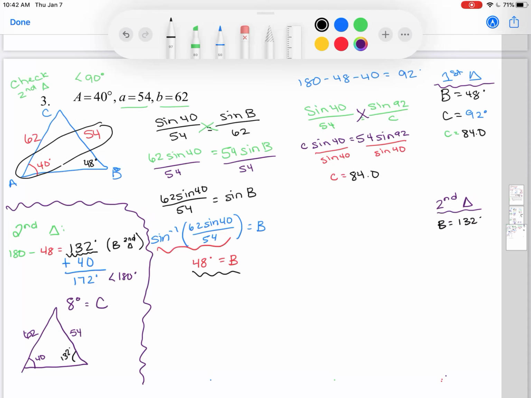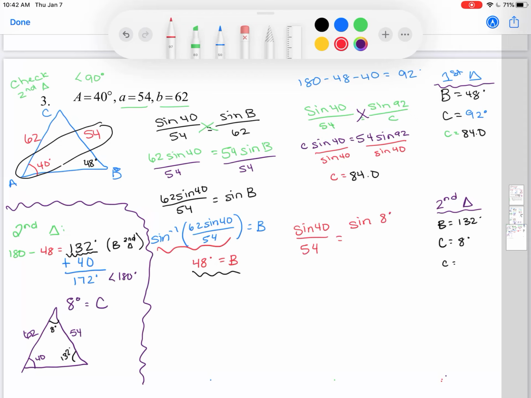So that's what I will label. My new C, the difference to get a C value up top would be 8 degrees, which I already found. So the only other thing I'm missing is my lowercase c, so I have to do the same thing, law of sines, using the same matching set for A, because remember A is staying the exact same throughout.